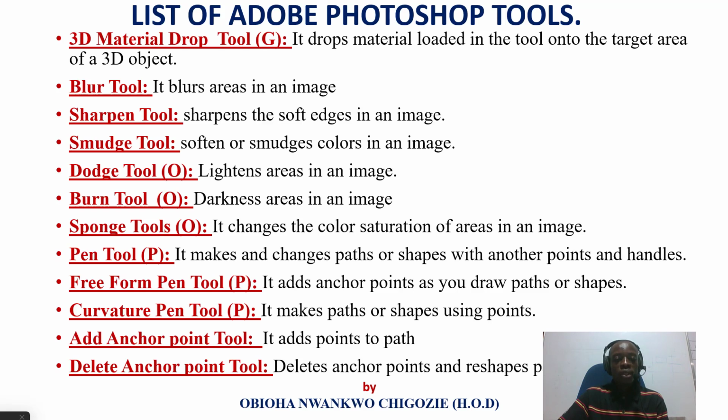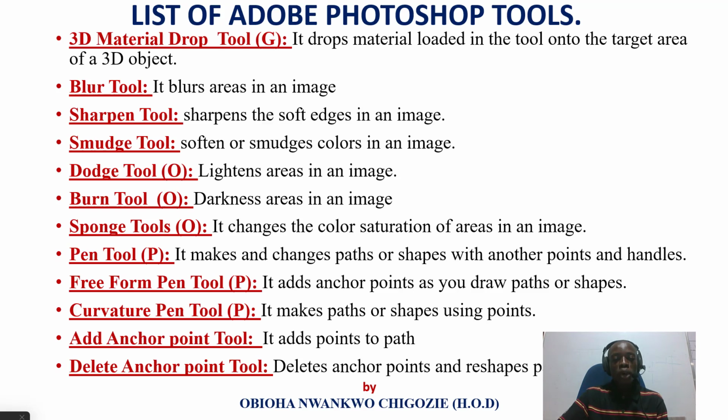You have the pen tool, which makes and changes paths or shapes with anchor points and handles. You have the freeform pen tool, which adds anchor points as you draw paths or shapes. You have the curvature pen tool, which makes paths or shapes using points.